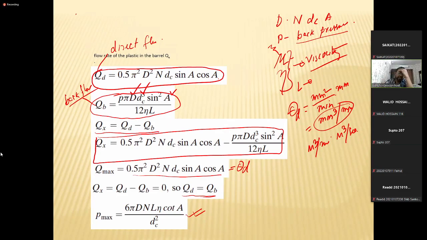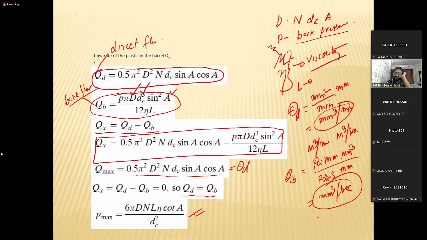Similarly, you will see the Qb unit. Remember, pressure will be given in Pascal. D is in millimeter, then millimeter cube divided by mu, whose unit is Pascal second. And if L is put in millimeter, then we get millimeter cube per second.